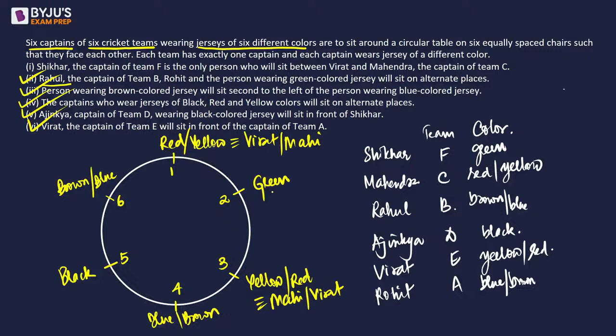Green is definitely Shikhar, right? I'm writing people's names within the bracket. Black is definitely Ajinkya's jersey color, and brown and blue, they are between Rahul and Rohit in some order.